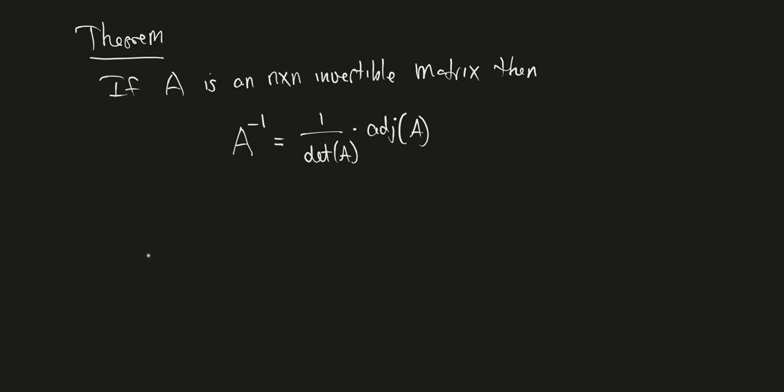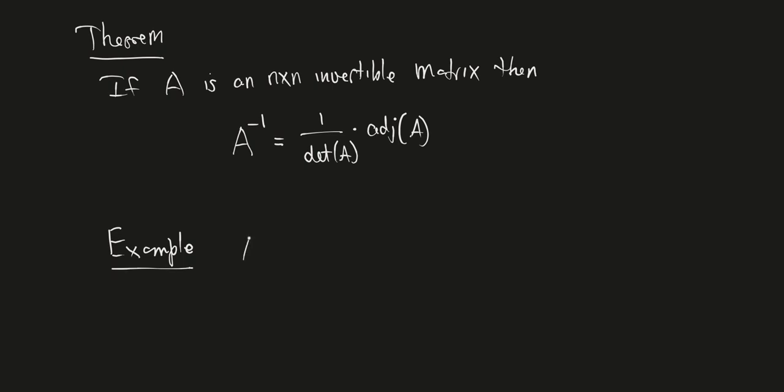You have to find all the cofactors, then form the adjoint, and then since you have the cofactors, you might as well use a cofactor expansion to find the determinant. And if that determinant is not equal to 0, which will guarantee this, then we can go ahead and use this formula to find the inverse. So let's illustrate it with a 3 by 3 example.